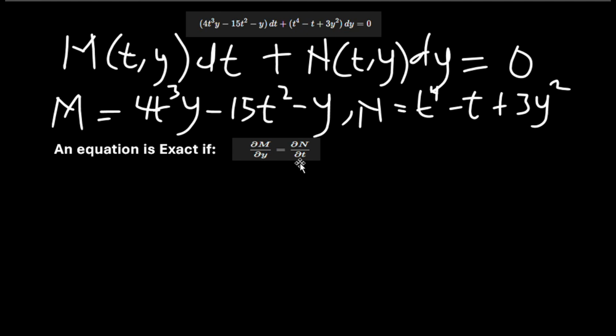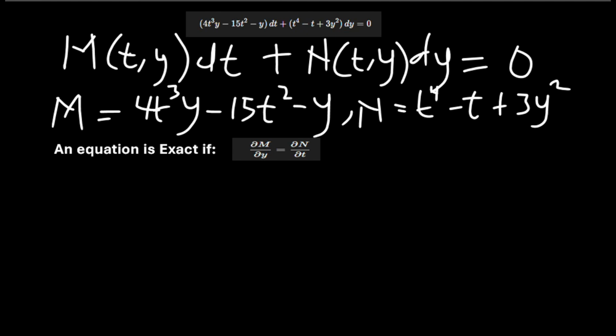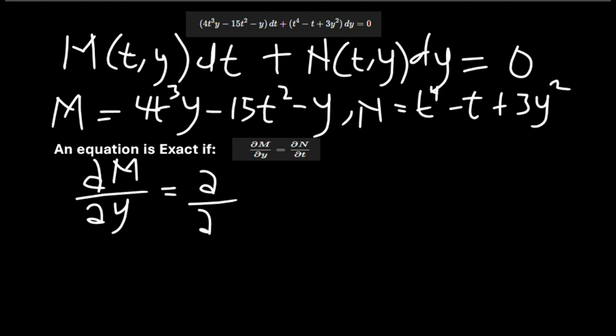First we focus on del M over del y. So del M over del y is equal to del over del y of M, and M is 4t cubed y minus 15t squared minus y.